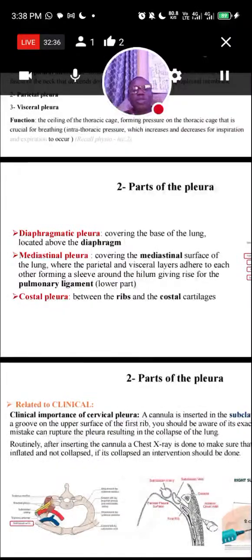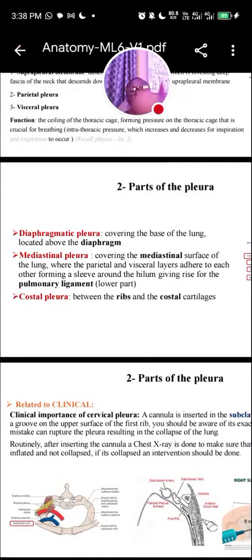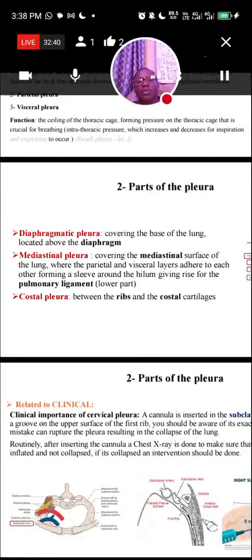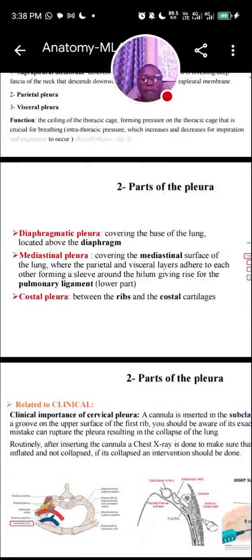What's so special about this pleura? This pleura is between the ribs and the costal cartilage. So the mediastinal pleura covers the mediastinal surface of the lungs. The diaphragmatic pleura covers the base of the lung below the diaphragm. And then the costal pleura is between the ribs and the costal cartilage.